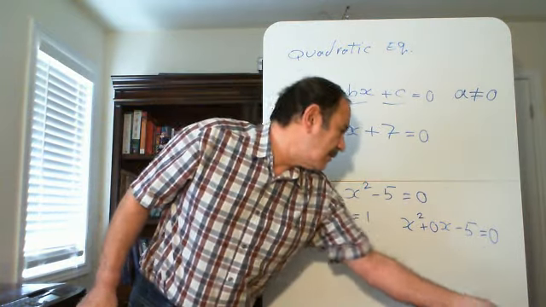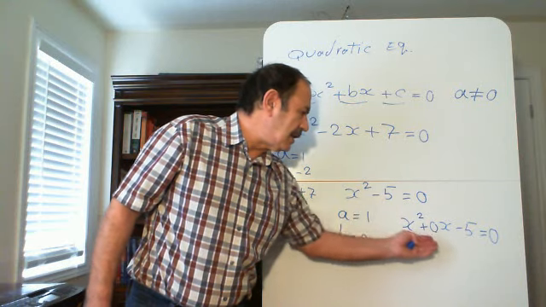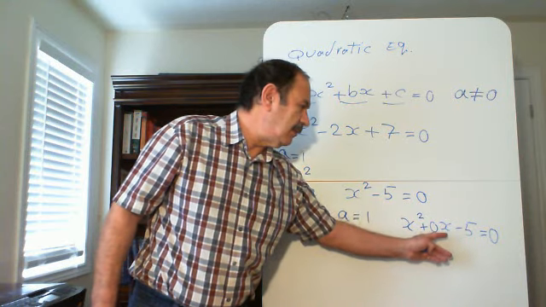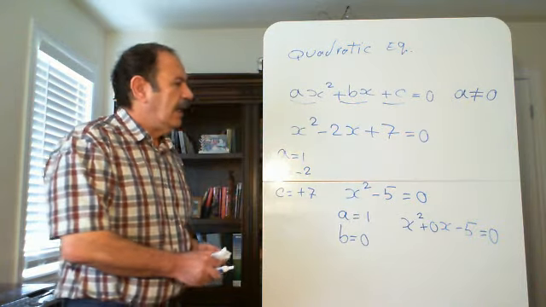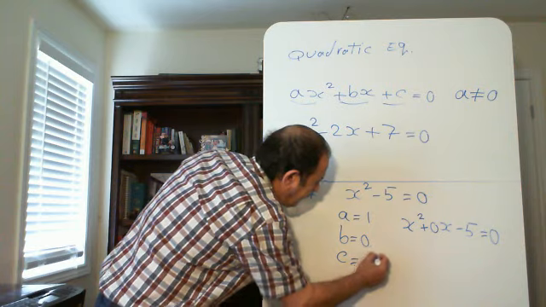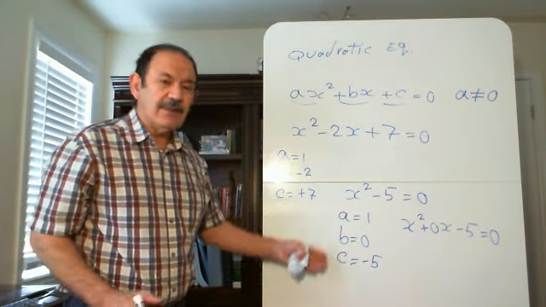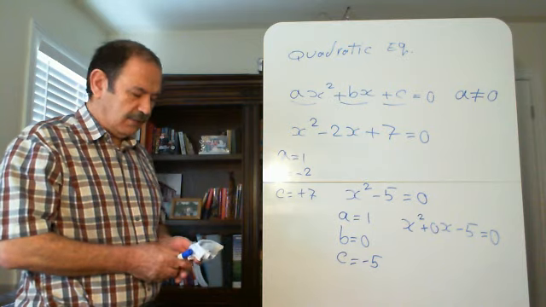This one is x squared plus 0x minus 5 is equal to 0. 0 multiplied by anything is gonna be 0, so I didn't change the equation. I added the middle term with a 0 coefficient. It means b is 0 in this one. And what is c? c is negative 5. So this is another format of standard format of quadratic equation.